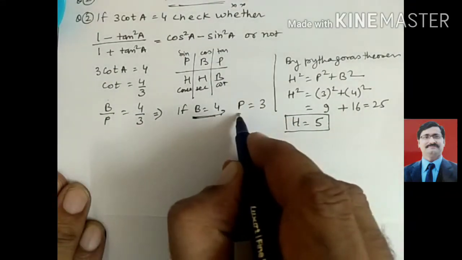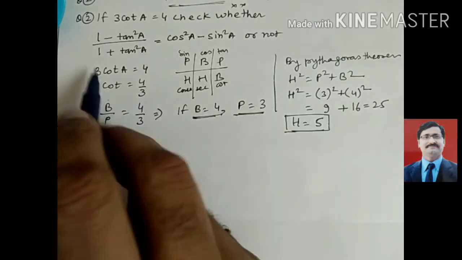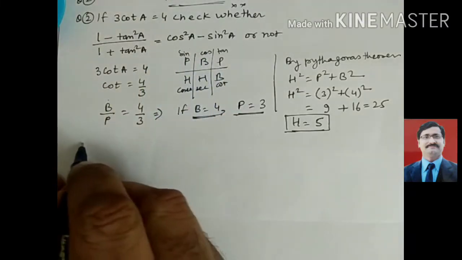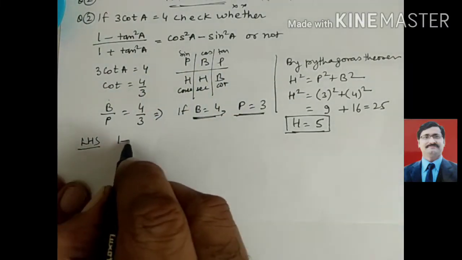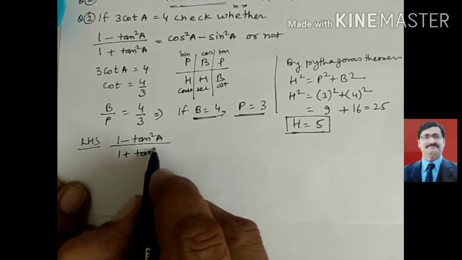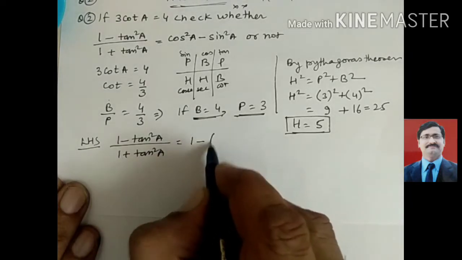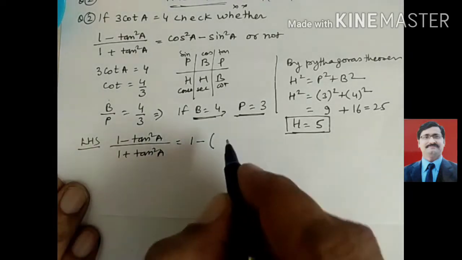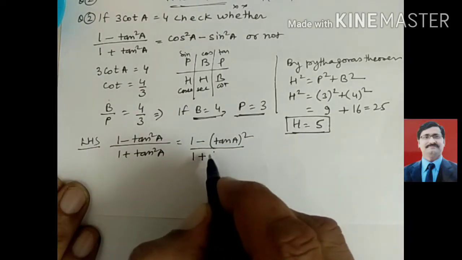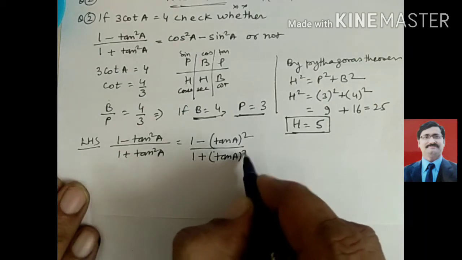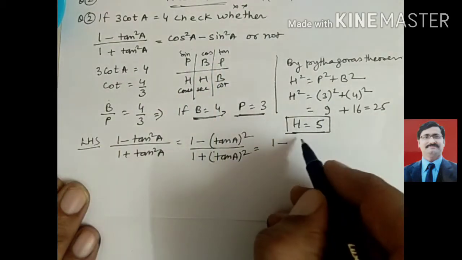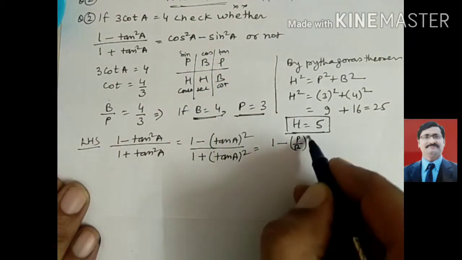Now base is 4, perpendicular is 3, hypotenuse is 5. We have to verify whether these are equal or not. So we will take the left hand side first. Left hand side is (1 minus tan square A) upon (1 plus tan square A). Tan square A means you can write (tan A) whole square, and the same in the denominator. Tan is perpendicular upon base, so you can write (perpendicular upon base) whole square.